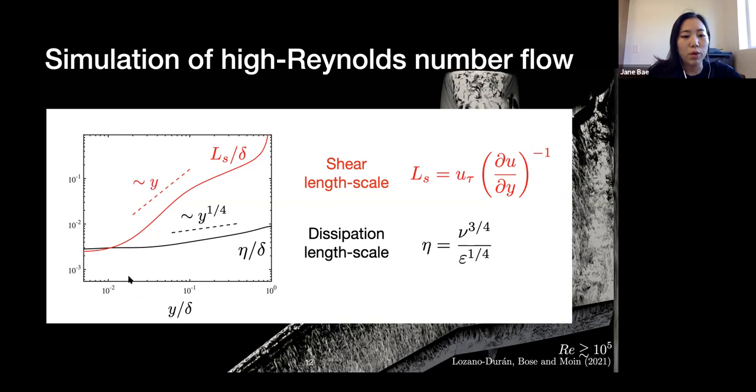As you move away from the wall, your large scale gets larger and your small scale also gets larger, but at a very slow rate. And you'll see that as you get away from the wall, you have this very large scale separation, which in a computation, if you want to resolve all the scales, means your domain has to be large enough to capture the large scales, but also your mesh has to be small enough to capture the small scales. So that's where the cost related to Reynolds number comes in.